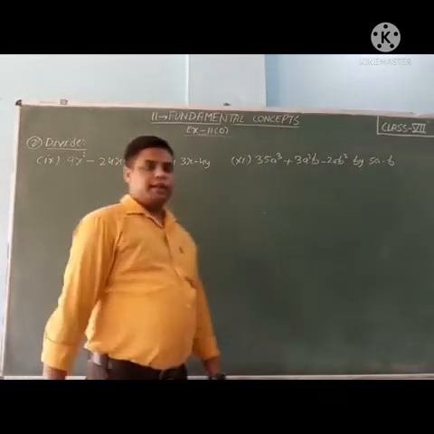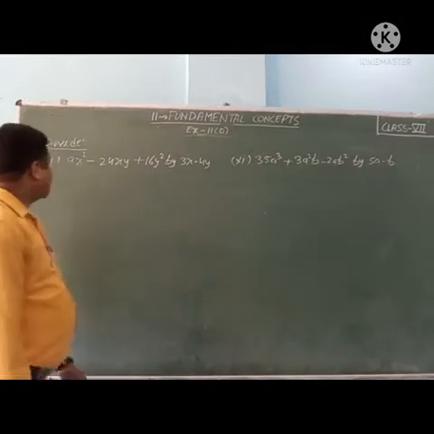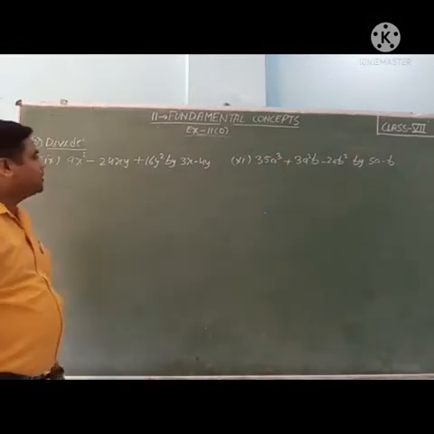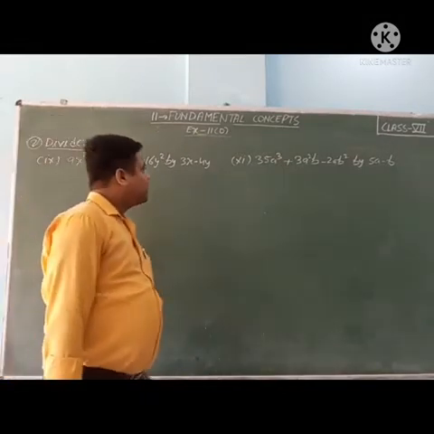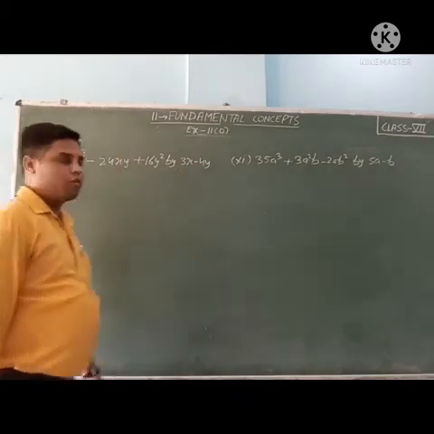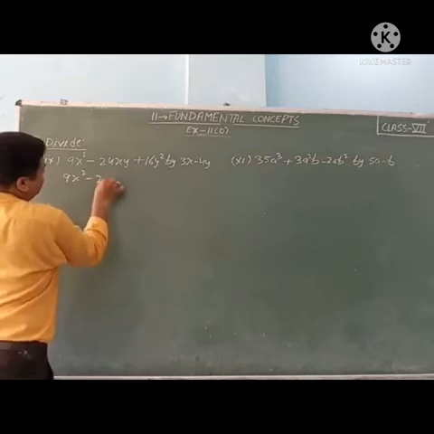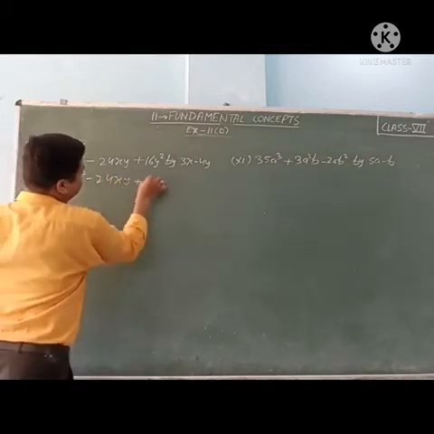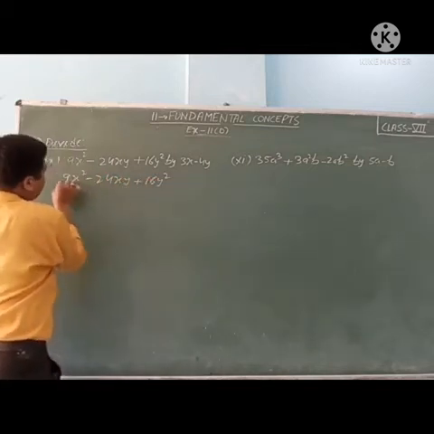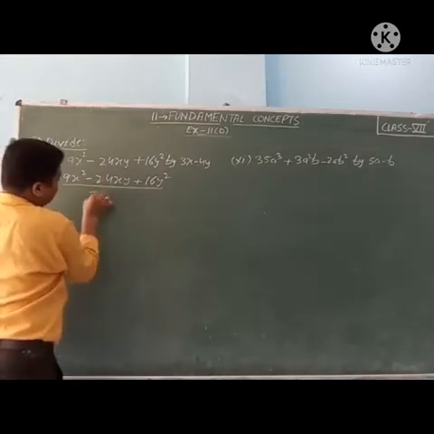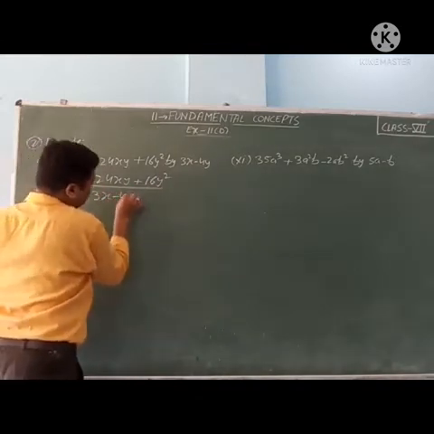Now students, see ninth part. That is 9x square minus 24xy plus 16y square by 3x minus 4. So first we will write 9x square minus 24xy plus 16y square upon 3x minus 4.